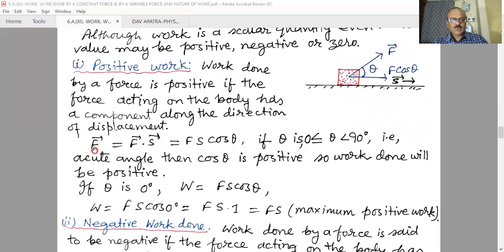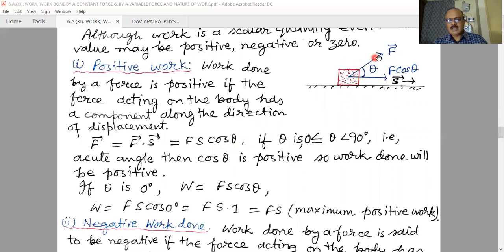W is equal to F dot S, that is Fs cos theta. When theta is an acute angle, greater than or equal to 0 and less than 90 degrees, cos theta is positive. Mathematically, we can say the work done will be positive because cos theta is positive.